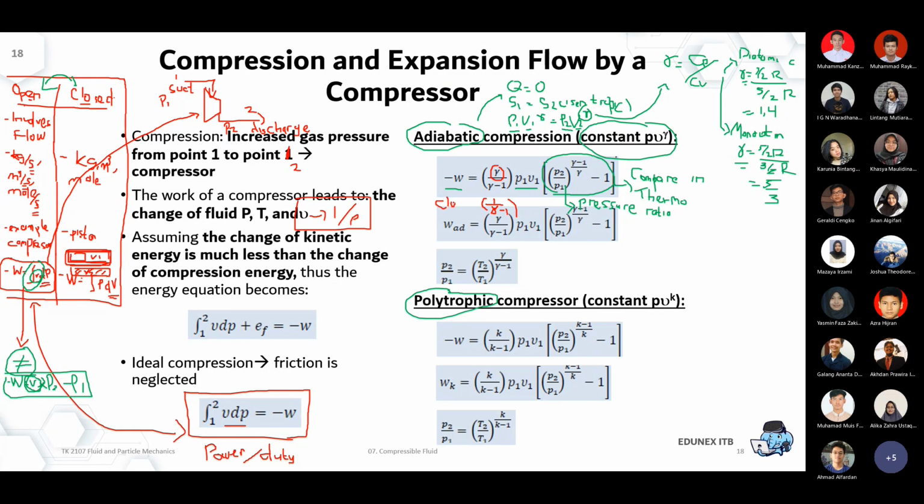Luckily, for fluid mechanics, we will never use this red formula. So don't be confused when you compare the compression duty taught in this fluid mechanics course to the one in thermodynamics.